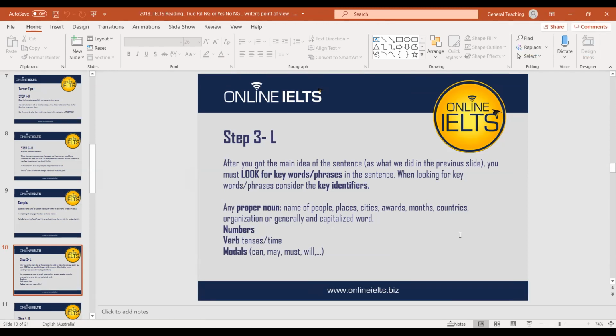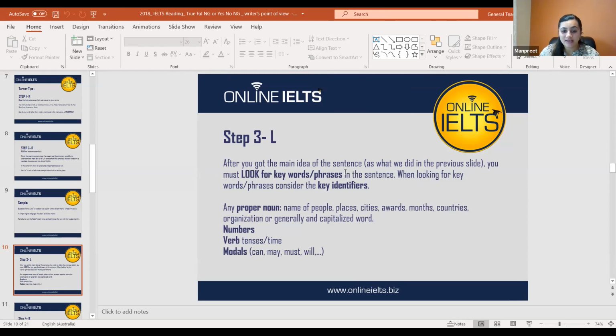And proper noun, a name of people, places, dates, hours, month, countries, organization, or gently uncapitalized word, numbers, verbs, sentence, time, modals, can, may, must, will.